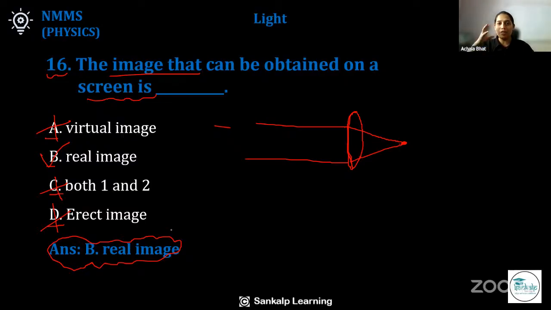The reason is our brain processes these electrical signals and flips that image formed. That's why we see an erect image.